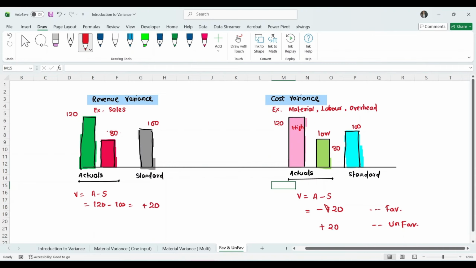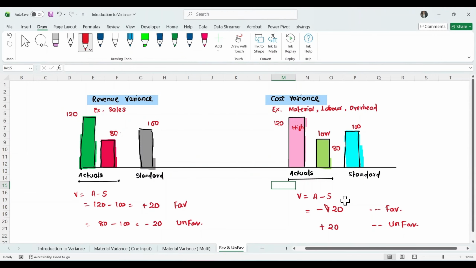So higher sales, here you can see in green, is a favorable variance. A positive number will give us a favorable one. And if the actual is 80 minus 100, we get minus 20, this becomes unfavorable. That means if our actual sales is higher, it's favorable, and if our actual cost is lower, then it becomes favorable.